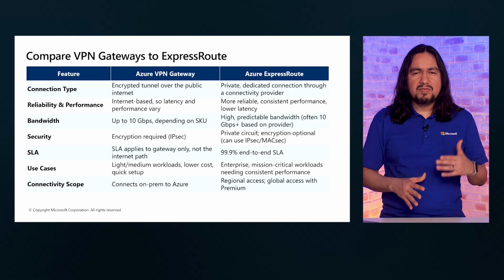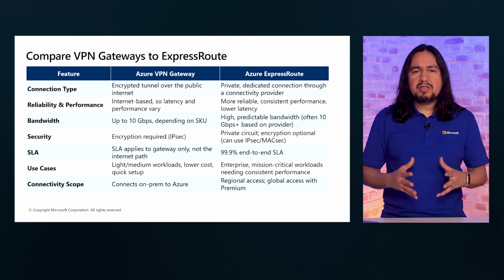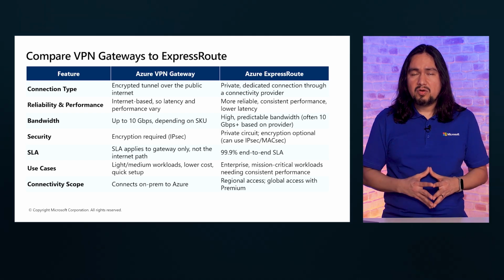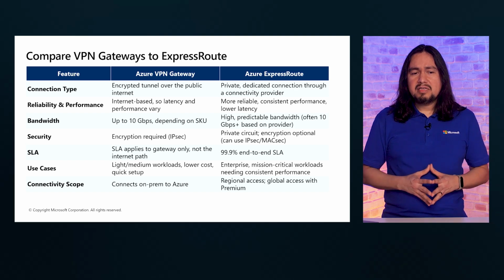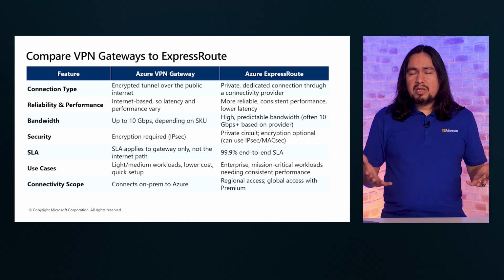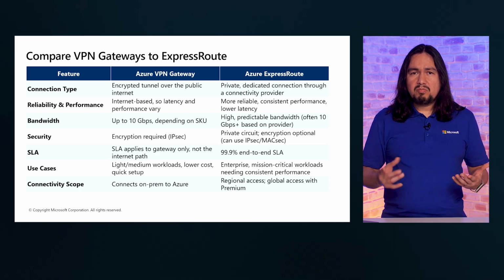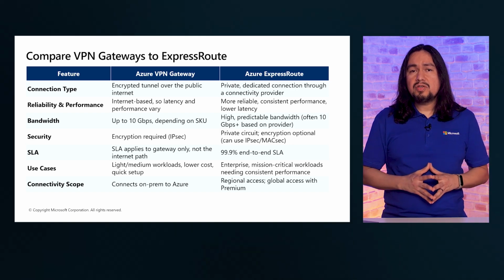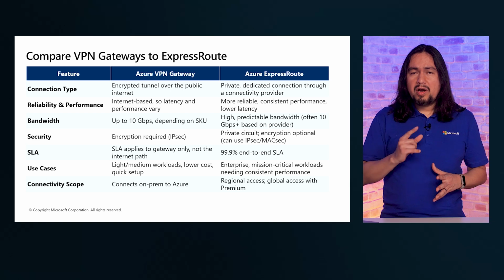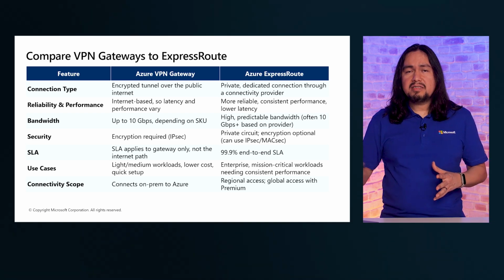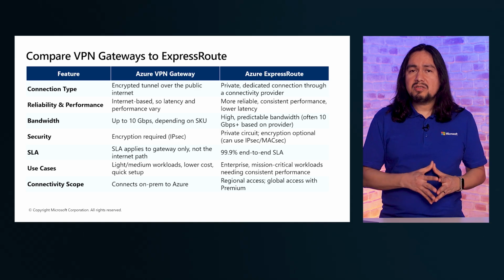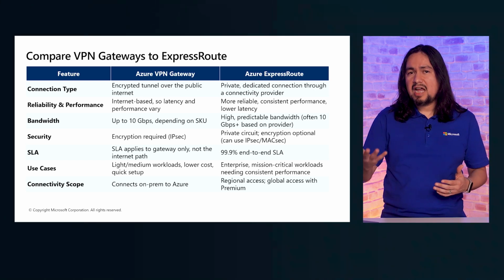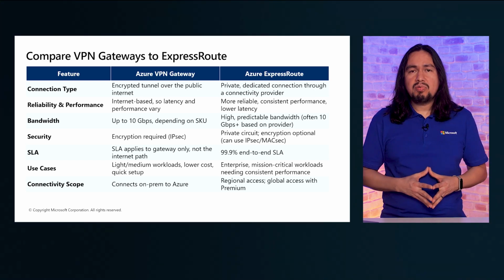It has a lower cost and a very quick setup, whereas ExpressRoute is more for enterprise scenarios, or maybe you have mission critical workloads that you want to support. And last but not least, the connectivity scope. Both will connect you with your on-premises networks. But remember, the Azure VPN Gateway is only going to connect you to your Azure virtual network, whereas in ExpressRoute, on top of that, you can have a Microsoft peering connection that will connect your on-premises network to Microsoft 365, Dynamics 365, or even Azure public services.